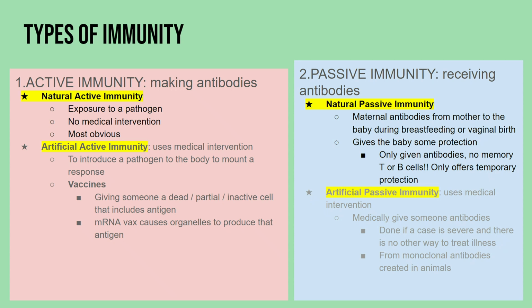So this one is when maternal antibodies from the mother are given to the baby during birth or breastfeeding. And then artificial passive uses medical intervention to give someone antibodies to help them fight a specific illness. Does that make sense?